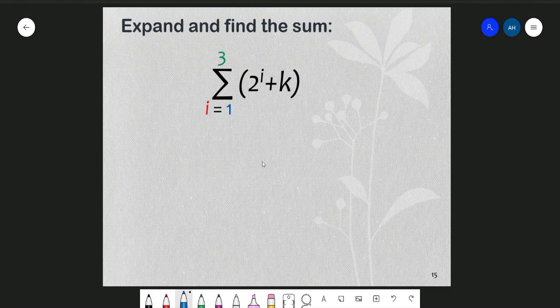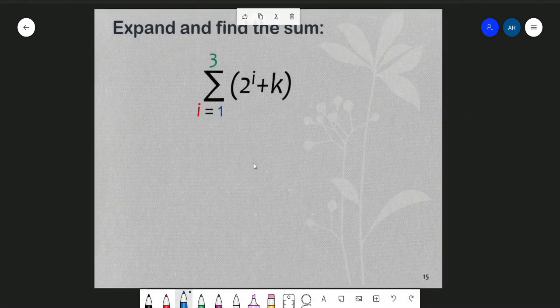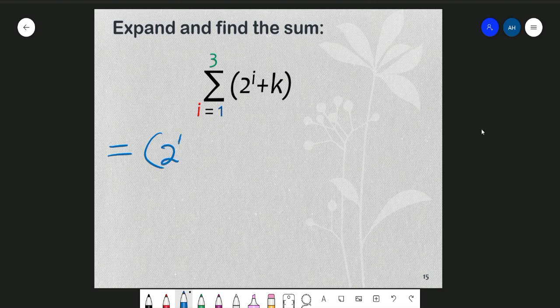So to solve this problem, this is just the sum. First we substitute i. Remember i equal to 1, and then i equal to 2, and the last one we substitute i equal to 3. So for the first term we have 2 to the power 1 plus k.